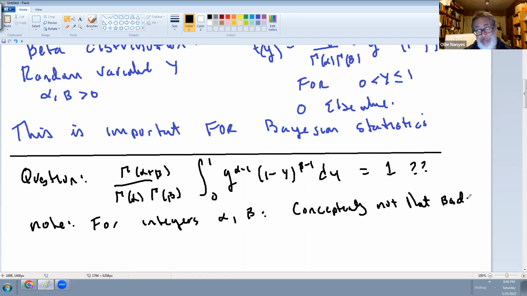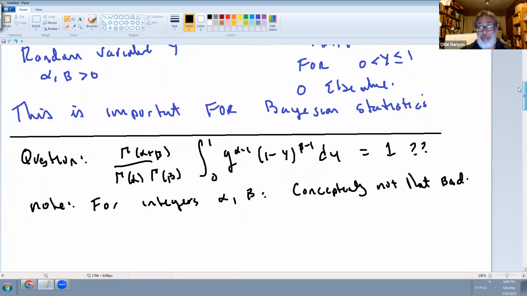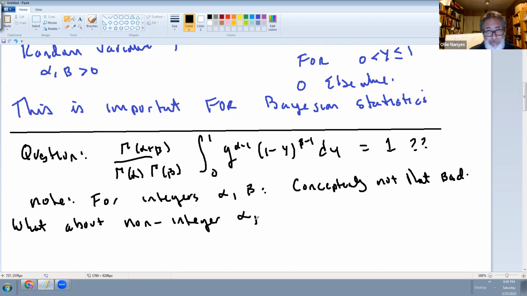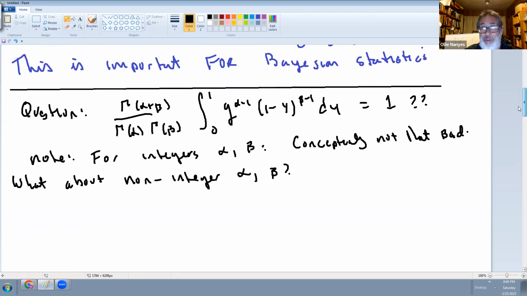Although you can see it being a pain in the neck if alpha and beta have any magnitude to them. But the question, what I would call the hard part, is what about non-integers? That's what makes the case interesting. And it turns out our proof will, of course, apply to integers as well.